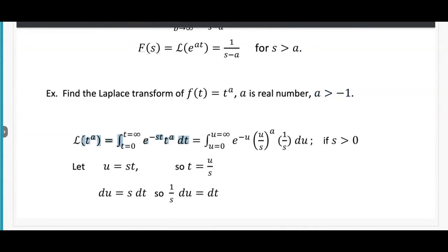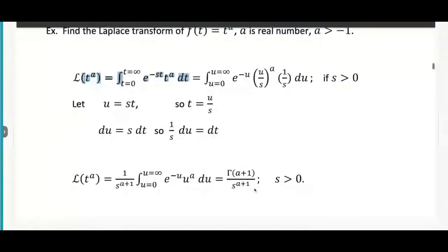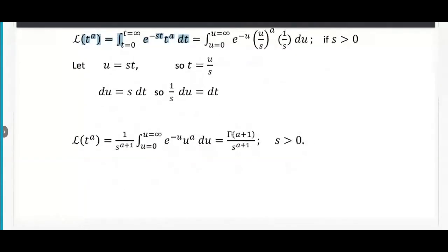So going through the definition again, in the end, we get Laplace transformation of t to the a power, which is gamma of a plus 1 divided by s raised to a plus 1 for positive s.